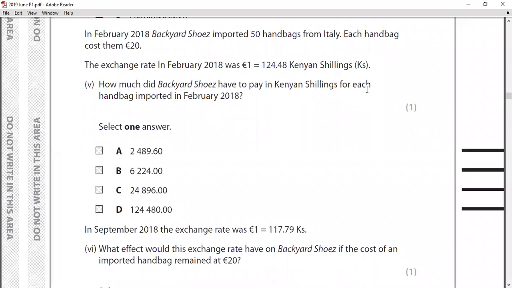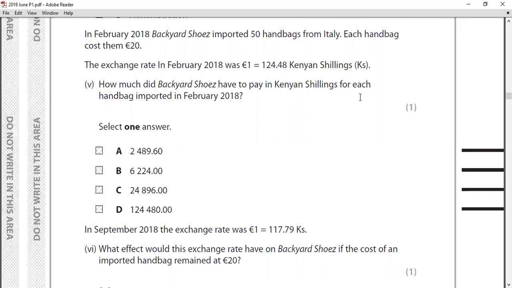So for each handbag imported in 2018, what you have to do is multiply the cost of one handbag, 20 euros, by the exchange rate, 124.48.